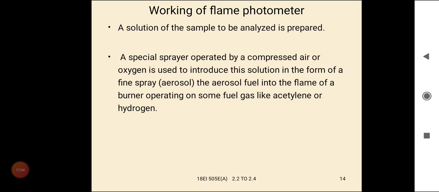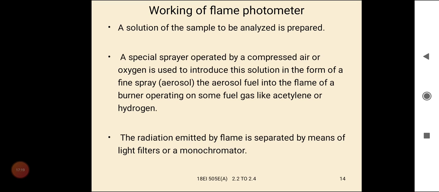The aerosol is fed into the flame of a burner operating on some fuel gas like acetylene or hydrogen. The radiation emitted by the flame is separated by means of light filters or a monochromator.